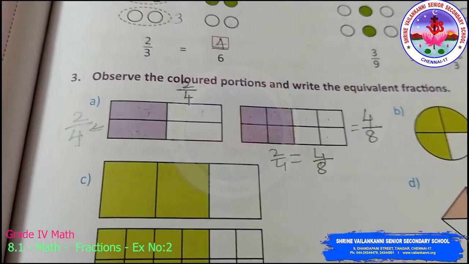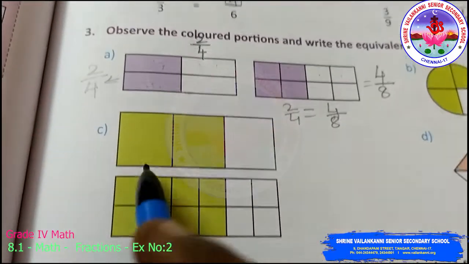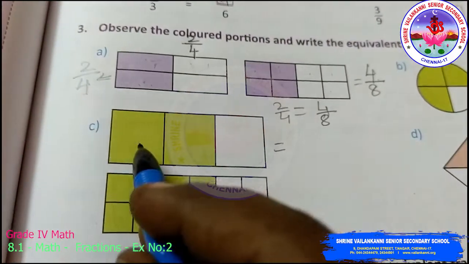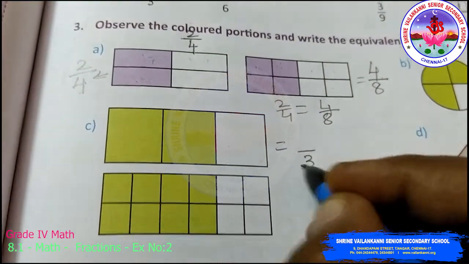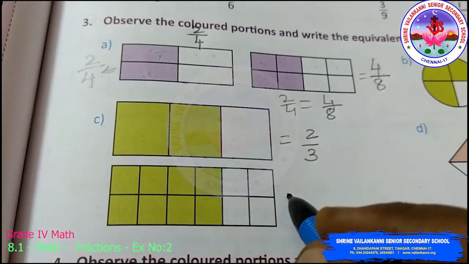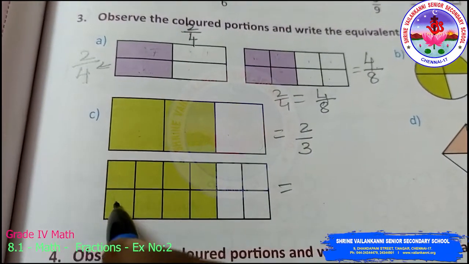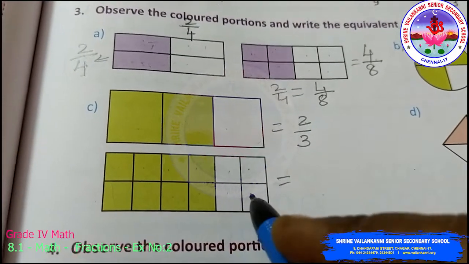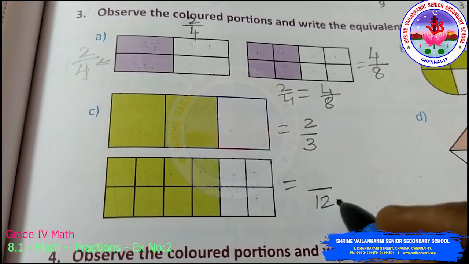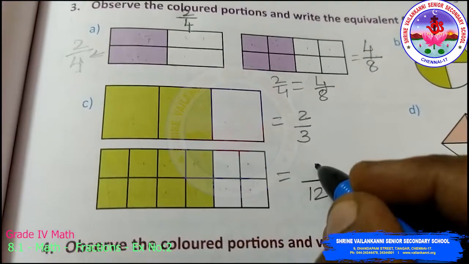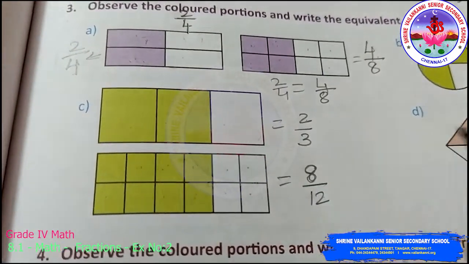Okay, here this sum, C sum. So here this shape and this shape are equal. So here 1, 2, 3 denominator. How many parts shaded? 2 parts. So this is 2 by 3, and this is 1, 2, 3, 4, 5, 6, 7, 8, 9, 10, 11, 12. So denominator is 12. 1, 2, 3, 4, 5, 6, 7, 8. 8 in the numerator.